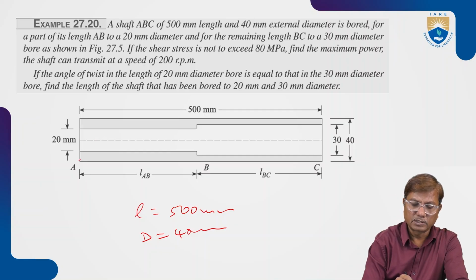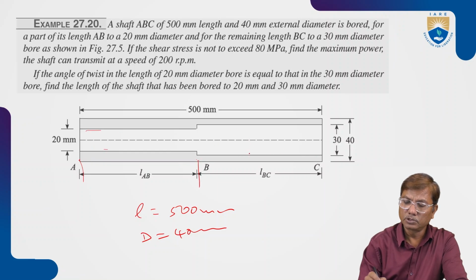So in portion AB a 20 mm hole is bored, and in the remaining portion BC it is a 30 mm diameter bore.